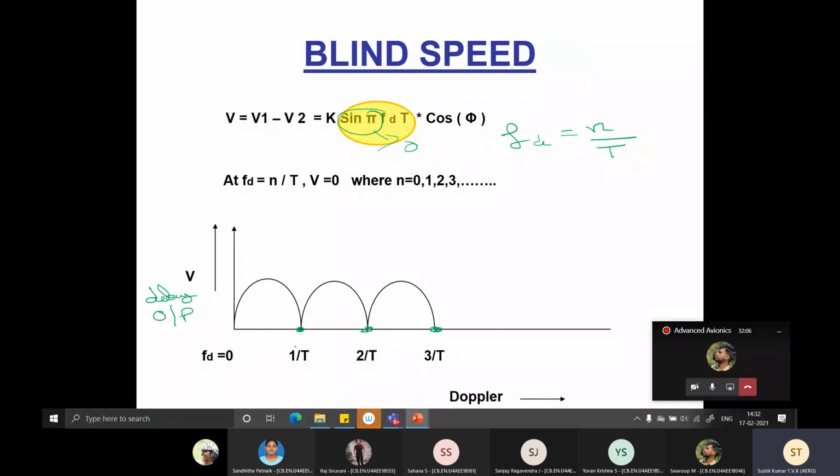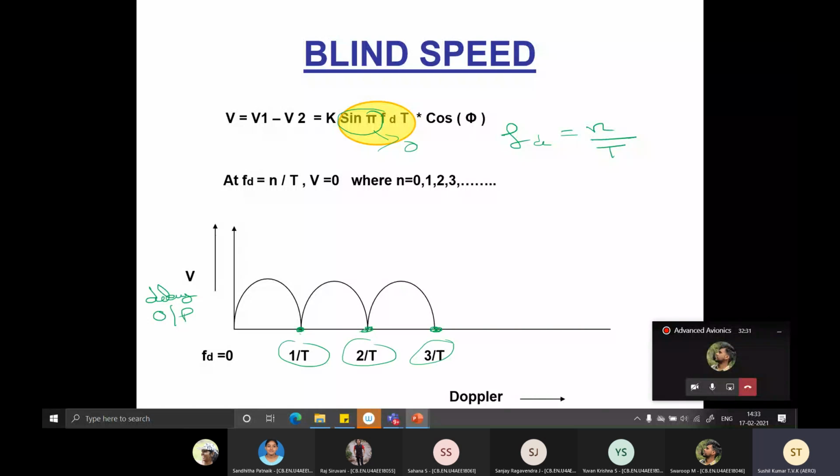So if the enemy aircraft knows your PRF by any chance, and they manage to fly at a velocity close to 1 by T, 2 by T, whatever it is, the radar will not be able to detect a moving target. So that's an inherent limitation of this MTI radar.